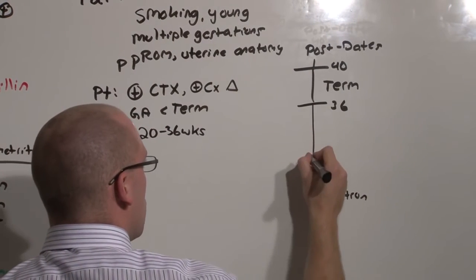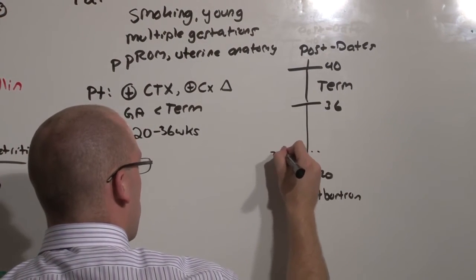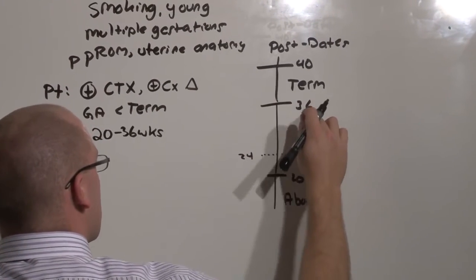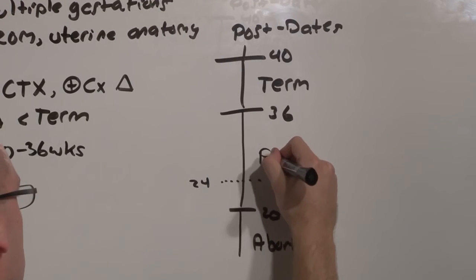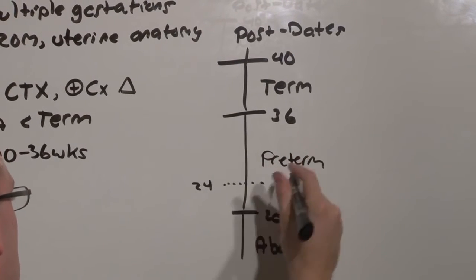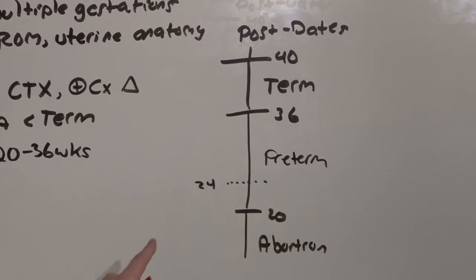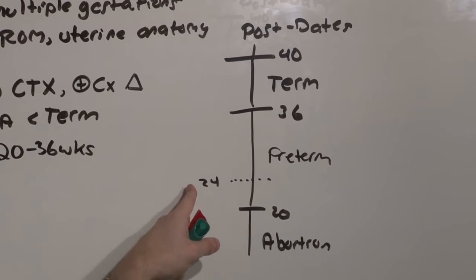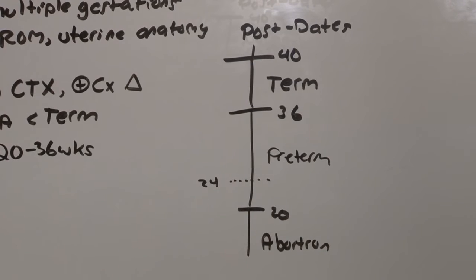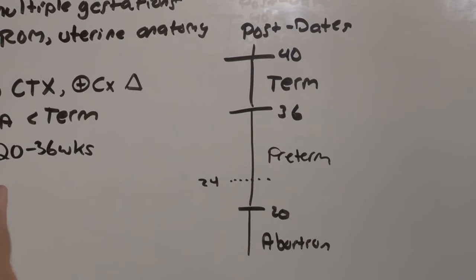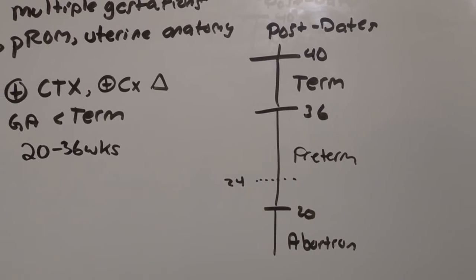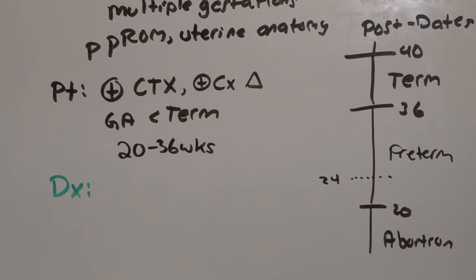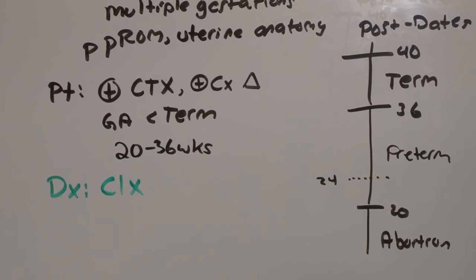Viability is really only present after 24 weeks. But the delivery between 20 and 36 is considered preterm. And if you are born at 24 weeks, you have a very tumultuous course in the NICU developing up to term. But what you have to do is simply diagnose and confirm that she is in labor. It is a clinical diagnosis.